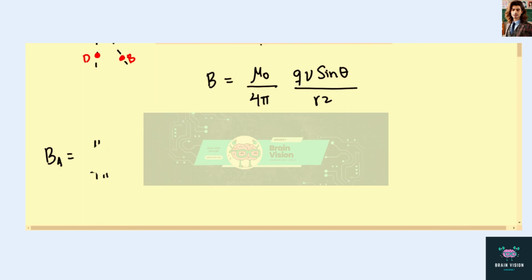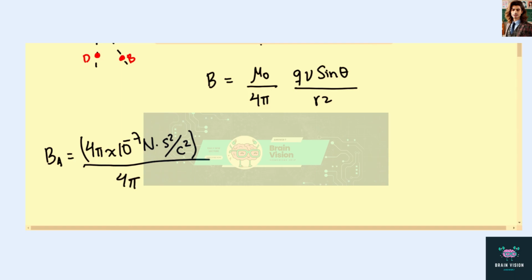So we are going to substitute all of those values. We know that the permeability of free space is 4 pi times 10 to the minus 7 newtons per second squared over coulomb squared, all of this over 4 pi.